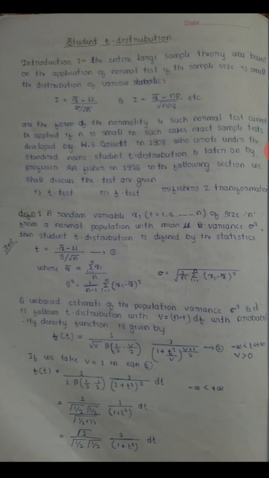It follows the t distribution with phi or n minus 1 degrees of freedom, with probability density function given by f of t equal to 1 upon square root of v into beta of 1 by 2, v by 2, into 1 upon 1 plus t square upon v, that bracket raised to v plus 1 divided by 2, equation number 2, where t lies between minus infinity and infinity and v is greater than 0.